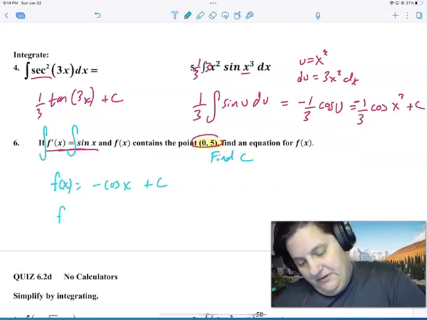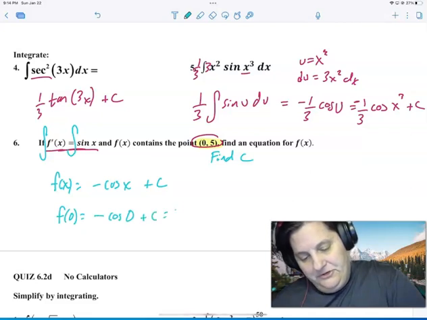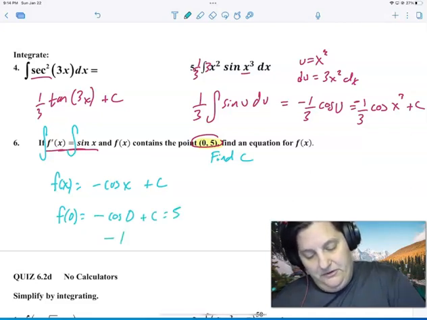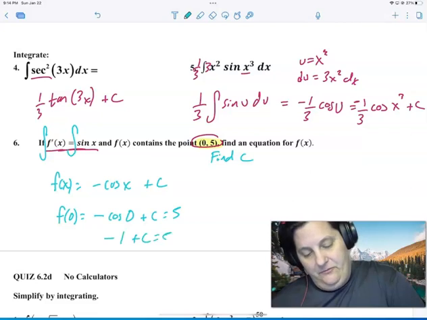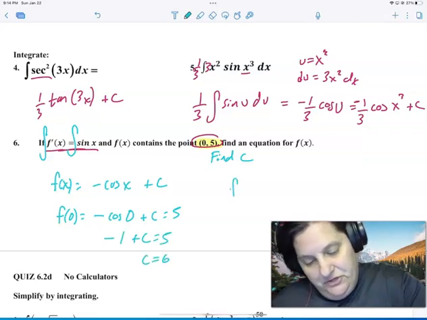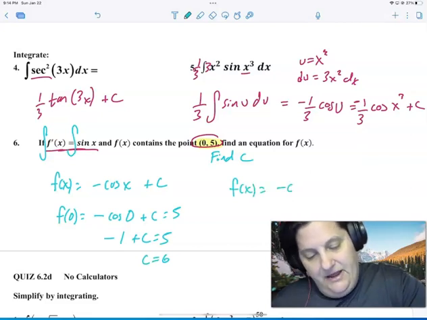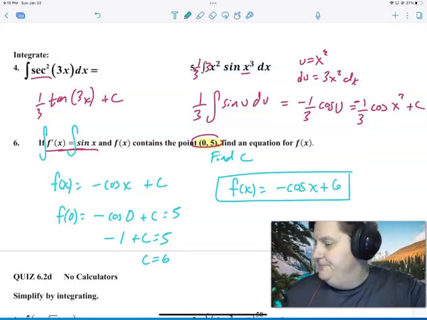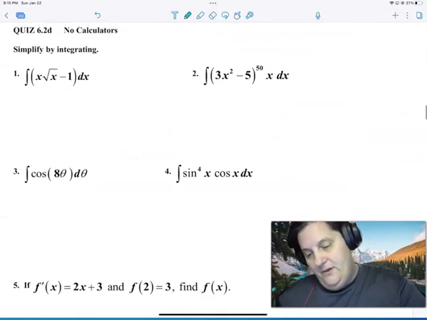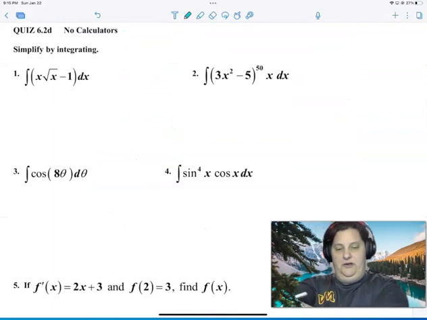So what this is telling me is when I plug in 0, I should get 5. Well, the cosine of 0 is 1. So negative 1 plus c equals 5. So c is 6. So here's my equation for f of x, negative cosine x plus 6. Okay? All right, cool. Moving on.